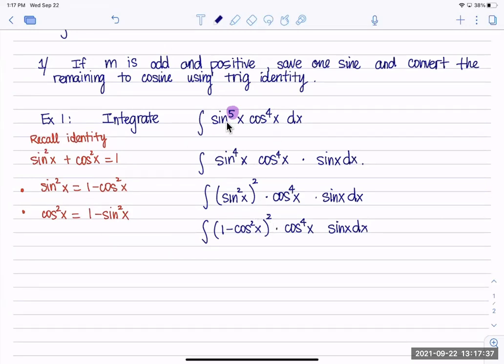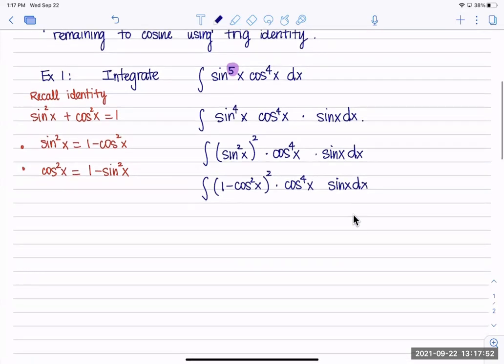We've successfully replaced the remaining trig with cosine, and then we have the factor of sine. Now what should we do? Notice that the derivative of cosine is sine, so we're going to use u-substitution. Let u equal cosine x.